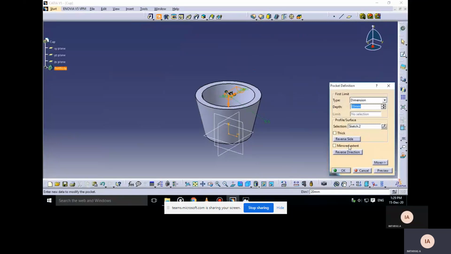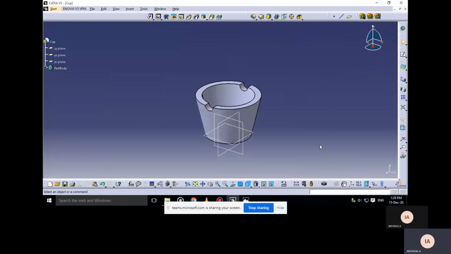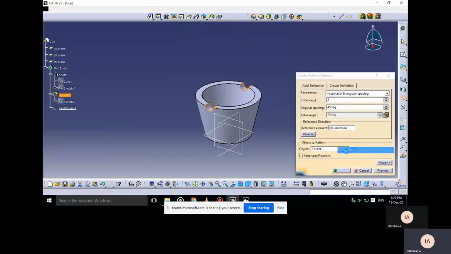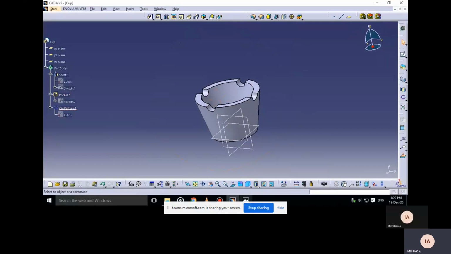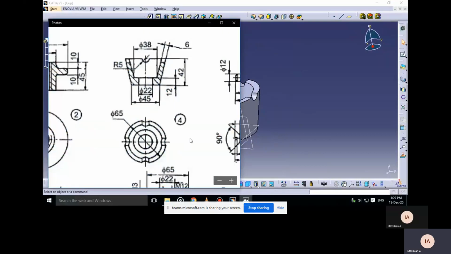Now using the pocket definition, we can have a pocket of radius 5. Now we will use the mirroring command or else the array command, circular pattern, so that we will have 4 slots of radius 5.